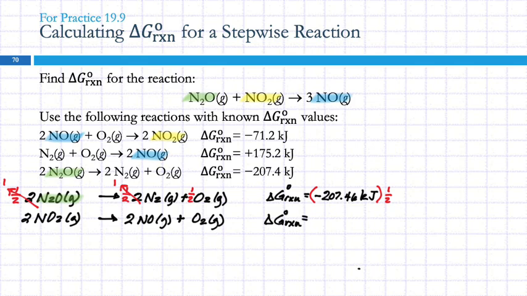What do I need to do to delta G? Because I reversed the equation, I need to change the sign. So that negative is now a positive.